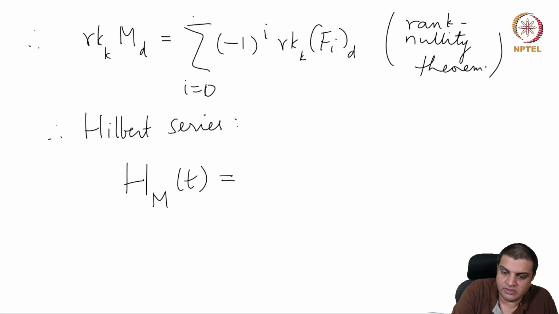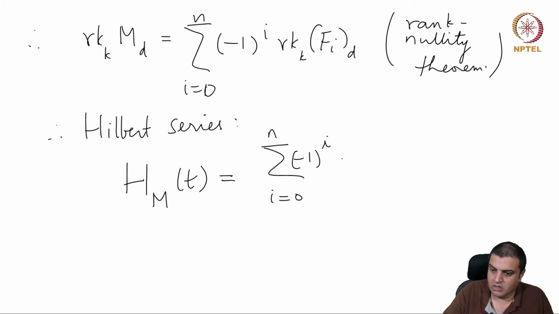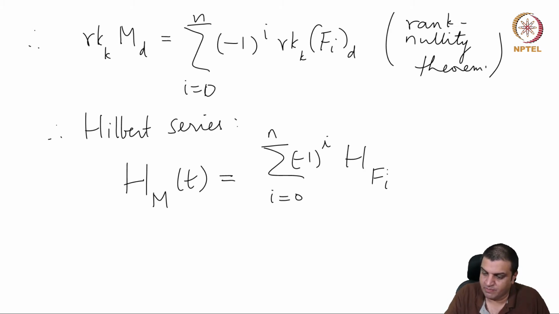Sorry, the sum is over i, not d: i goes from 0 to n, of (-1)^i times the rank of F_i in degree d, multiplied by t^d. When you sum up, we sum for each i. We're changing the order of addition, but we're not worried about convergence, so it's just a formal sum. So this is H_{F_i}(t).